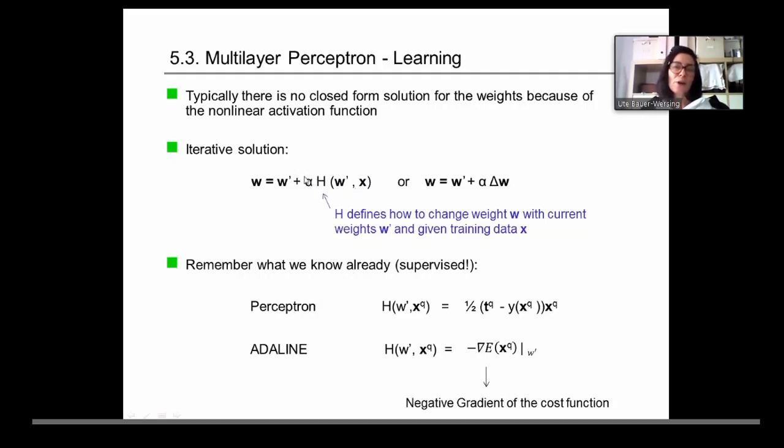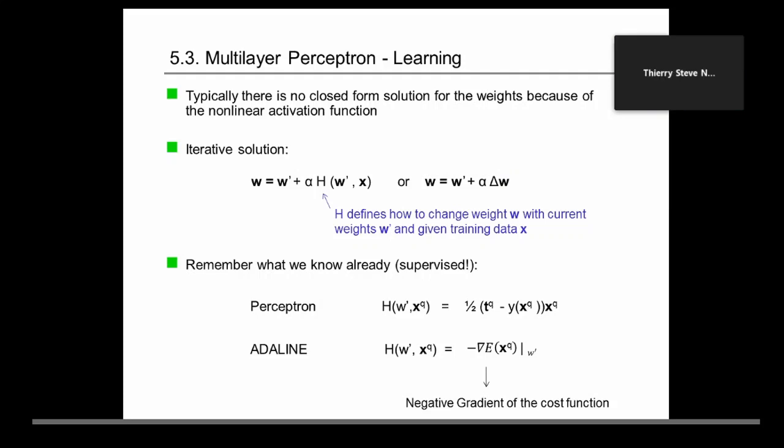We multiply this update with the learning rate alpha. We have seen this formulation a lot already. So the new weights are equal to the old weights plus the learning rate times something that we call delta W. And we've seen a lot of examples of how to calculate delta W. The learning algorithms that we've seen so far differ in the way they calculate delta W.